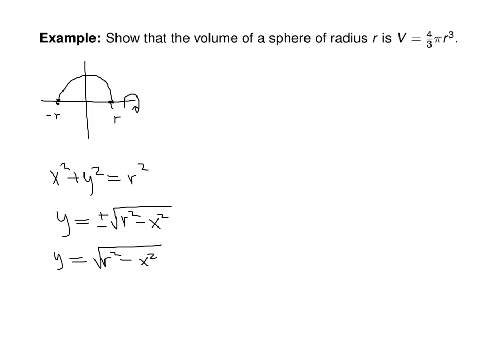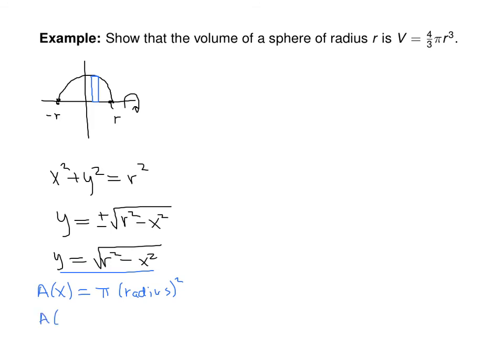So in this case, I make a slice of my cross-section. Because I'm spinning, my cross-section will once again be a circle. So the area of that cross-section will be pi times whatever my radius is squared. And in this case, my radius is the square root of r squared minus x squared.